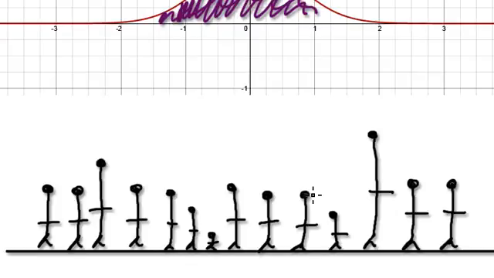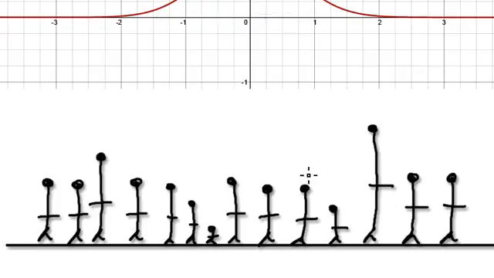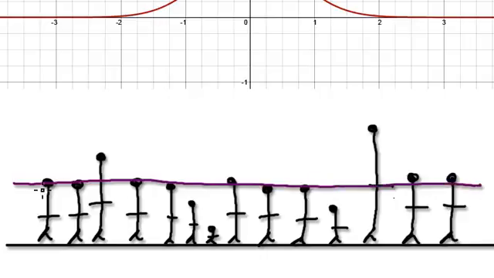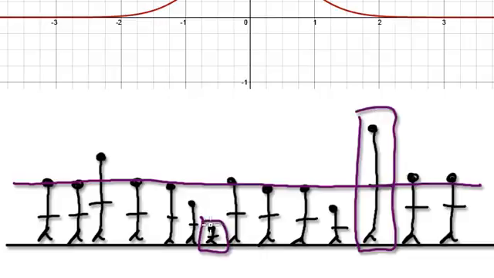So, for example, if you look at the population of the height of people, you're going to get a lot of people at the average height. Once in a while you will get a really tall person, once in a while you get a short person, but by and large you're going to get a lot of people of average height.